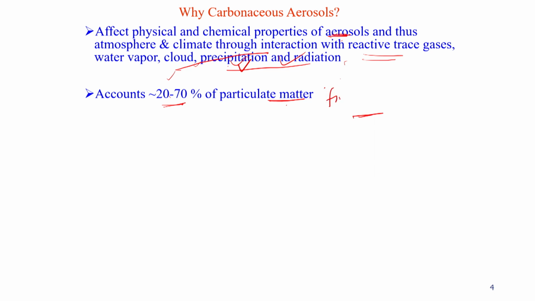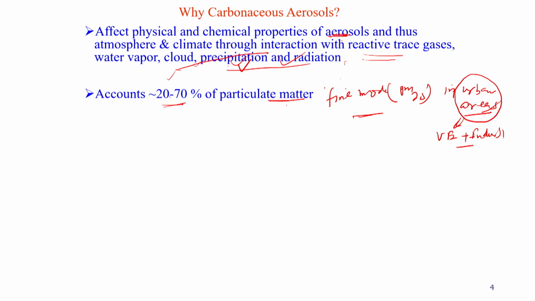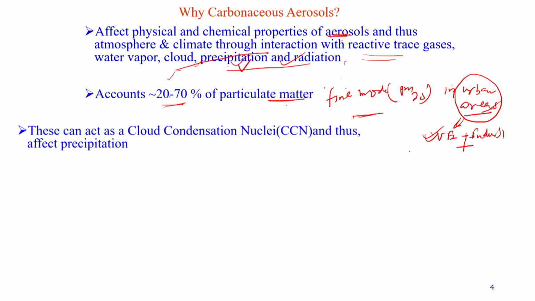Here, fine mode I generally speak about PM10, and one more thing you have to add: in urban areas, if you calculate the same thing in rural areas, the ratios might be a little higher, but in urban areas the contribution becomes very high, because you have vehicular emissions plus industrial emissions apart from the other emissions, and they contribute immensely to the primary carbonaceous aerosols.